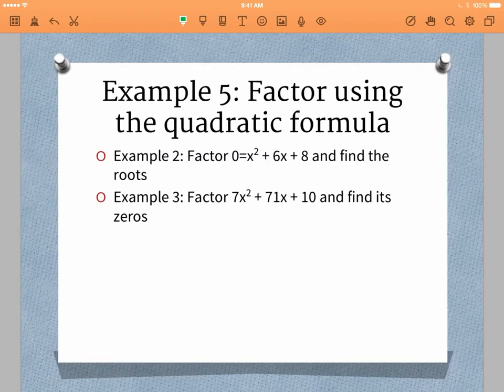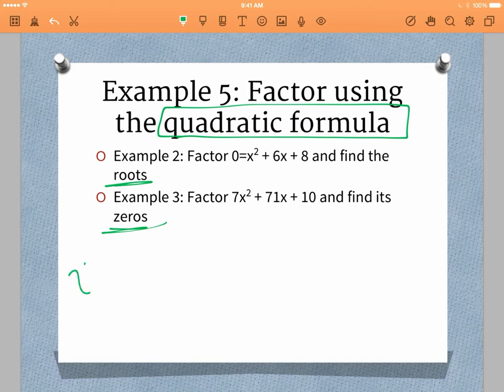Okay, let's look at another example now of factoring, but now we're going to use the quadratic formula. We're going to use the two examples that we have already worked on, example 2 and example 3, and we're going to factor using the quadratic formula to find the roots or the zeros, which are the same thing.